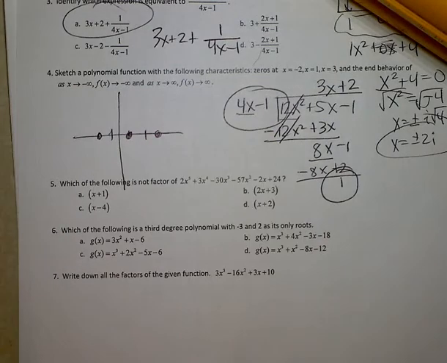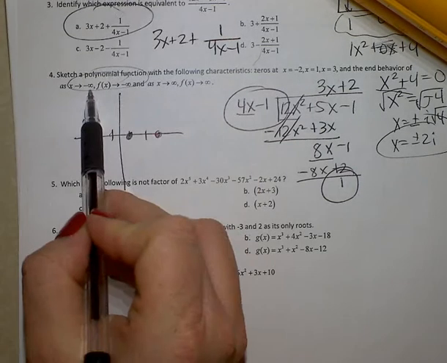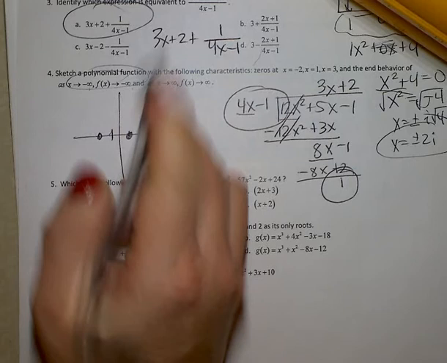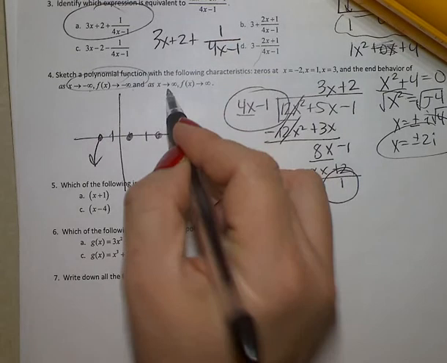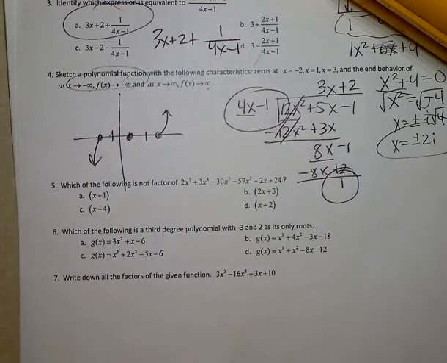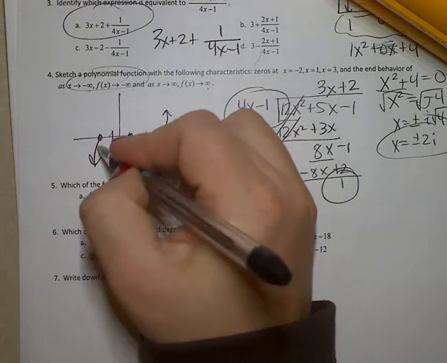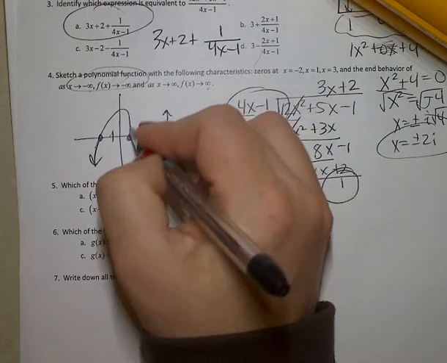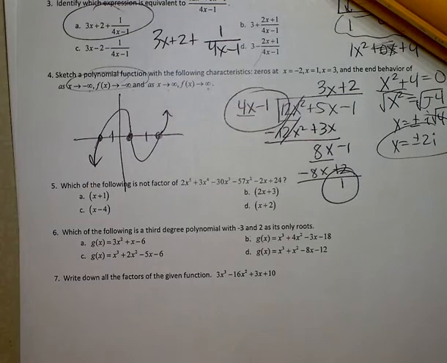It also has an end behavior that follows this. As I go to the far left, it goes down. As I go to the far right, it goes up. Now, how do I connect those two? Which direction am I headed right now? Up and then back down. They're just asking for a rough sketch.